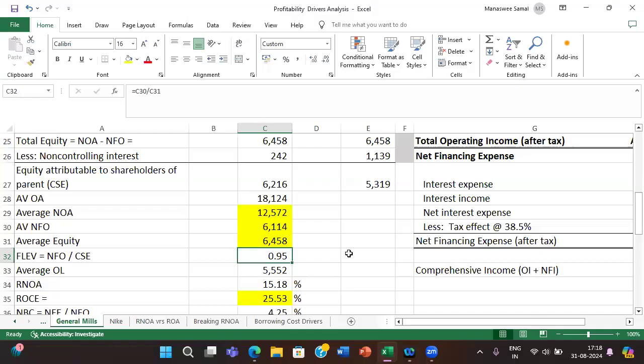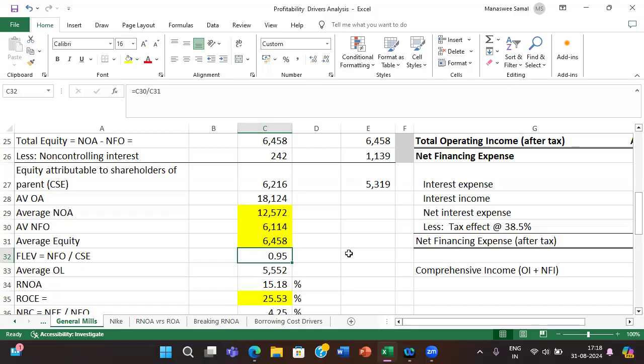FLAF is based upon net debt because you're knocking out one portion of debt, that is the obligation part I'm referring to, because you have some kind of financial asset. Therefore, when you mentally compare FLAF of 0.95, please understand that it is quite a good number.